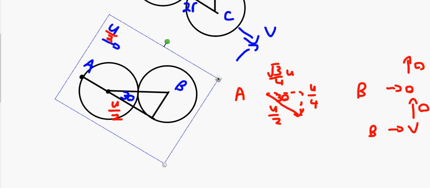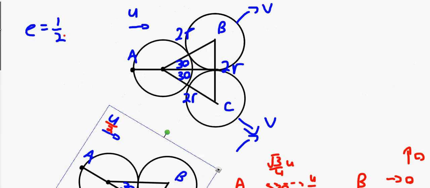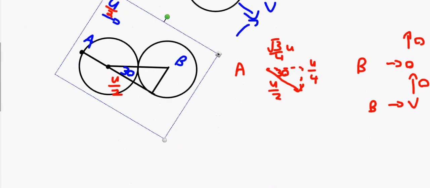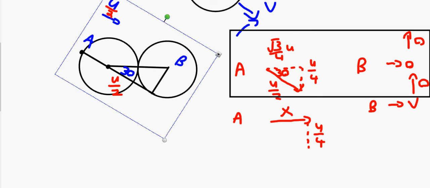We're going to allocate B speed v, because B and C are going the same speed v after the collision, and A's J direction will be unchanged, so u over 4 remains unchanged, and we're going to use x as the I direction of A after its collision. The top box here is the speeds before collision, and this region down here is the speeds after collision.